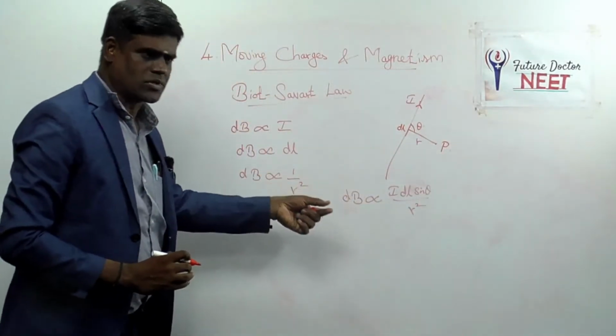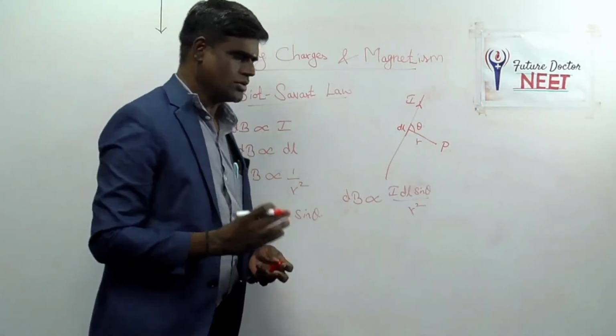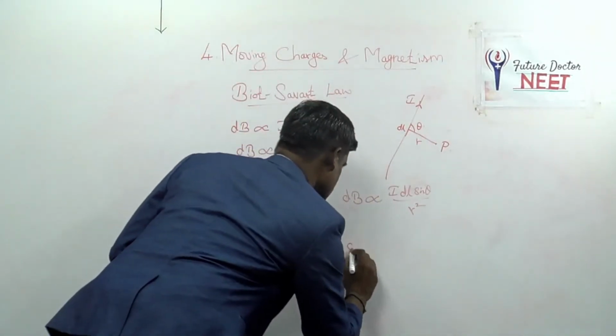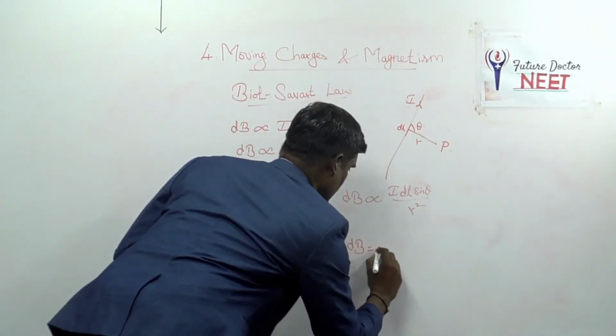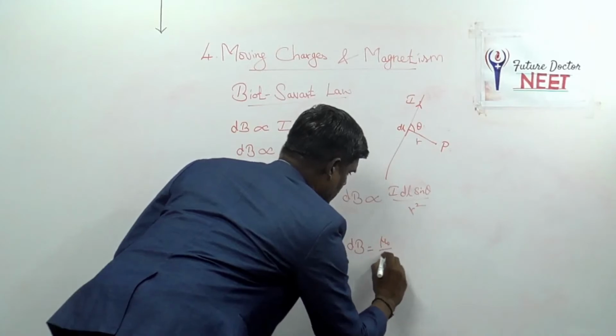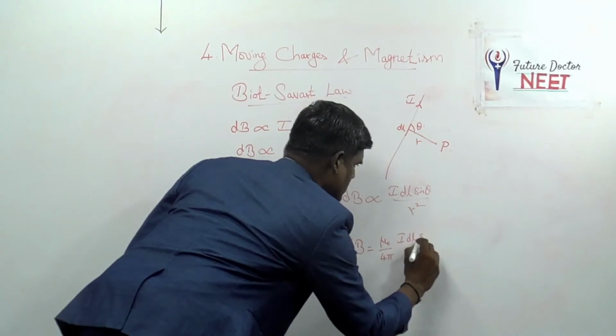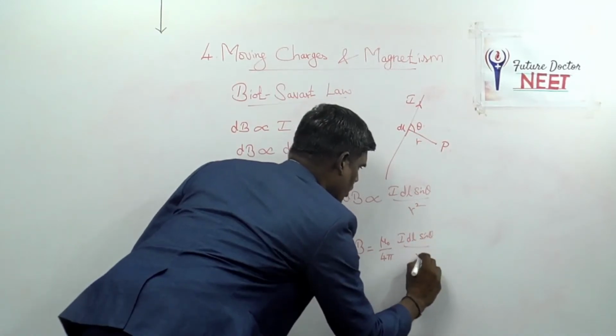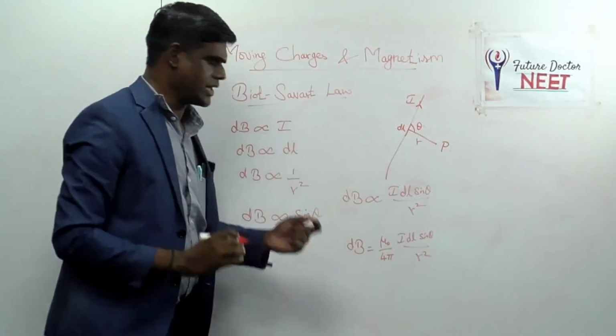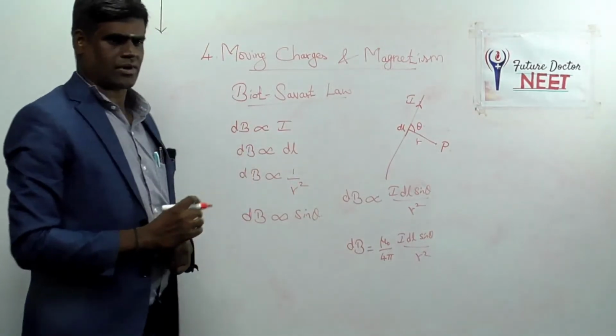By removing the proportionality, we introduce a constant. That is, dB equals mu naught by 4 pi into I dl sin theta by r square. So this is the expression for the Biot-Savart law.